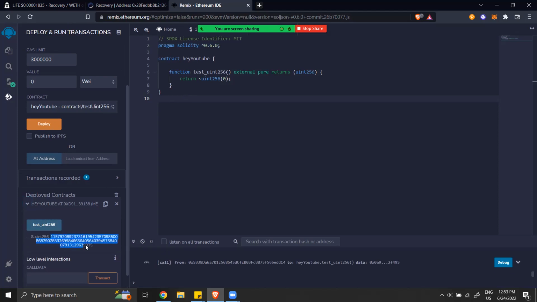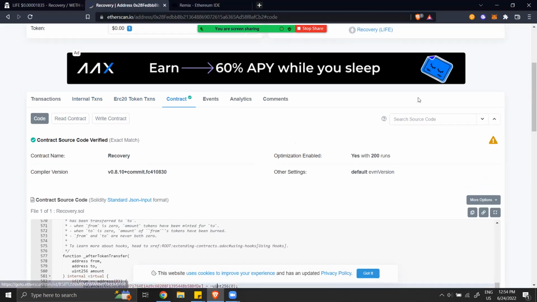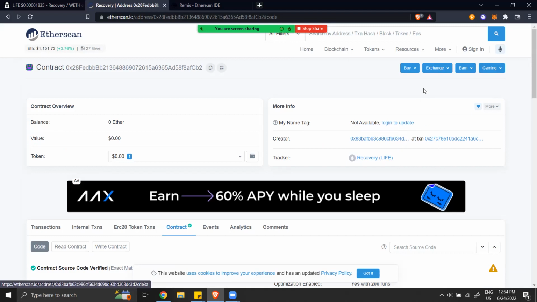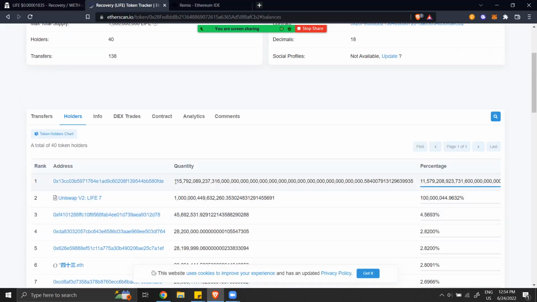We have that number, that huge number. And this is linked, I guess, to the number of the top holder. We'll have a look. Yes, it's exactly this one. So that's what happened.